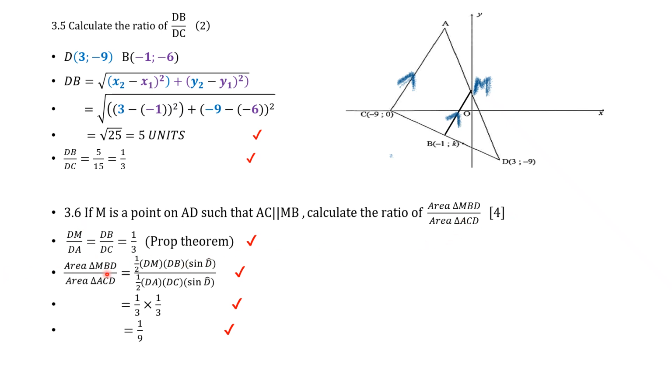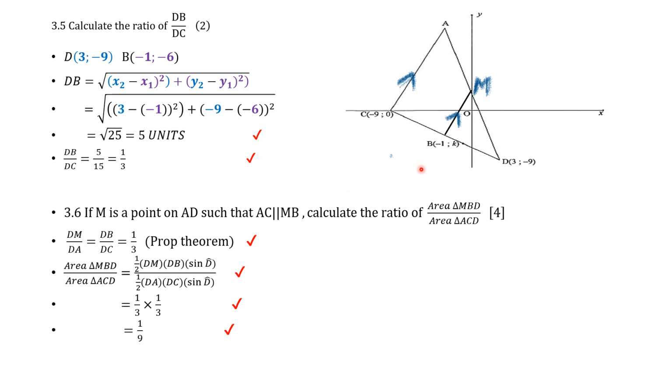Now we take the area of triangle MBD, right? We have a half, my base there would be TM, and my height would be TB. Not height, or half TM TB sine T. So we're going to use that as an area rule, using the sine of the angle in between. So there we have taken these two sides over each other.